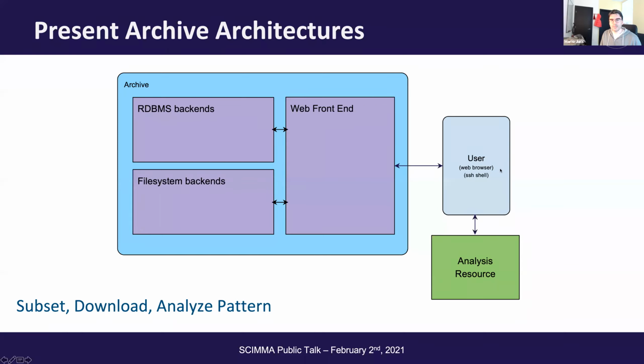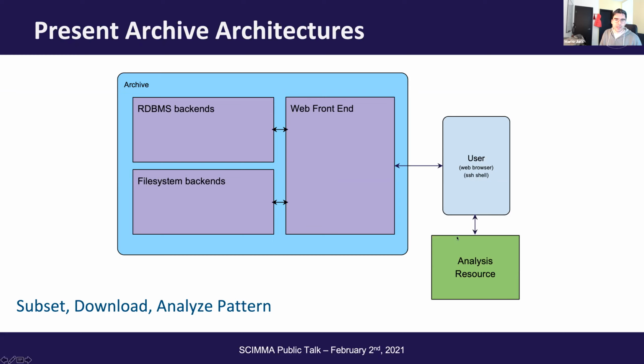And then the user, so this is me doing astronomy, this is you doing astronomy, accesses these through a web front end, usually grabs subsets of data selected through queries, downloads those subsets, and then uses an analysis resource that's typically local to actually do analysis on the data and understand whether that is what they were expecting or not.